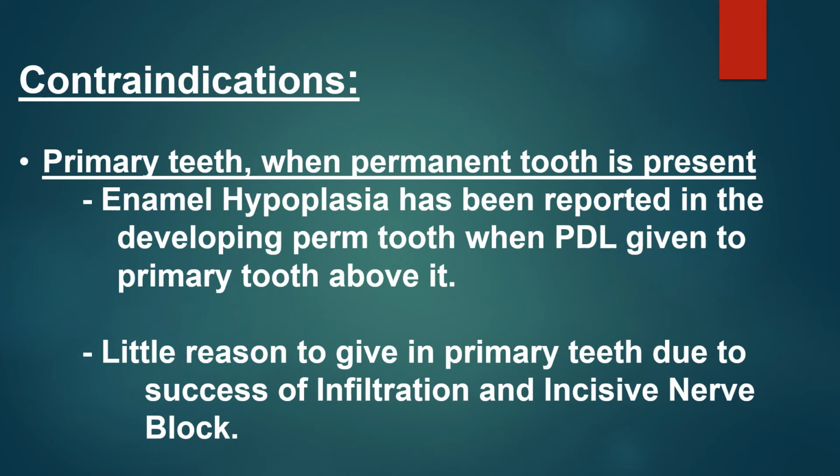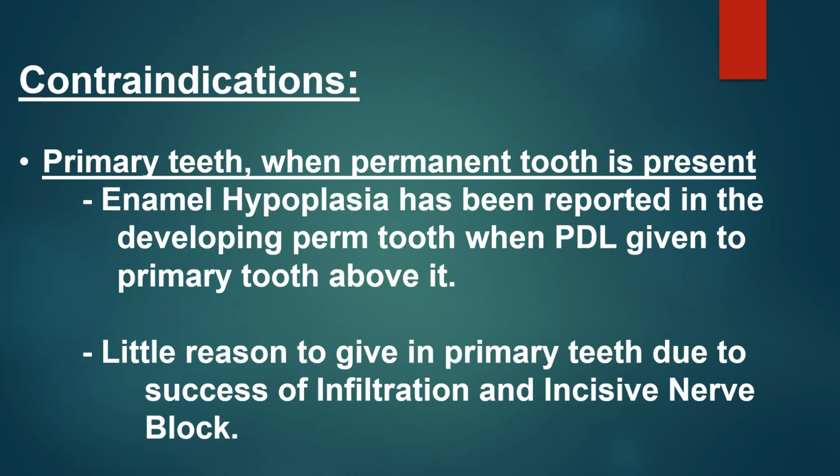Even if the tip isn't present, but the permanent tooth is right underneath the gum, ready to come out and push that primary tooth out, then this would not be a good choice, for the possibility of enamel hypoplasia or some damage to the top of the permanent tooth.